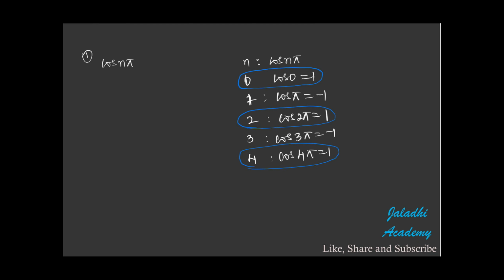So its value takes two values. One is 1 if n is an even number, and the other is minus 1 if n is an odd number.